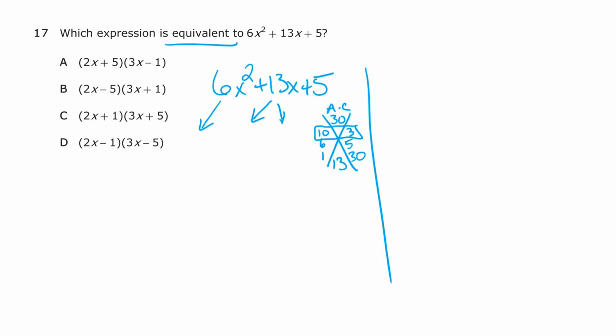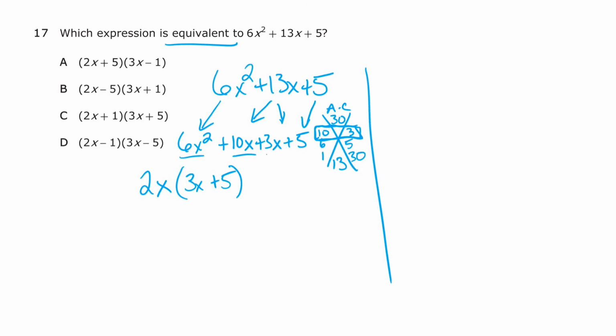The first term stays like it is, 6x squared. The middle term is broken up into the two terms we identified, 10x plus 3x, and then the last term stays like it is. We're going to factor by grouping. So in the first we can divide by 2, and they both have an x, so we can divide by an x. We're left with 3x plus 5.